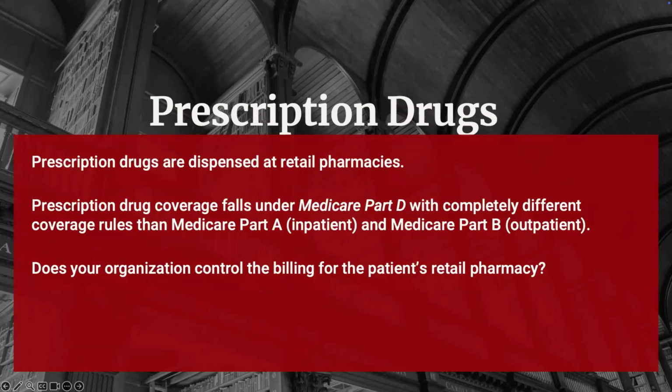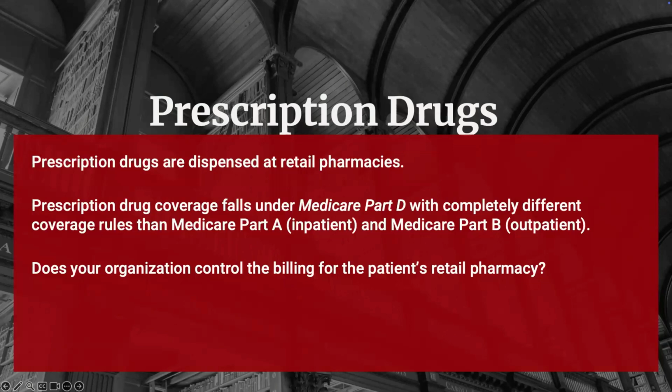Oftentimes, if the drug is being given in a hospital setting or a physician office setting, we've got to use some analysis on label, off label, and if it's off label, you've got to put it through a specific coverage framework. But none of those rules apply to retail pharmacies because Medicare Part D is a totally different creature. It uses a separate set of statutes.